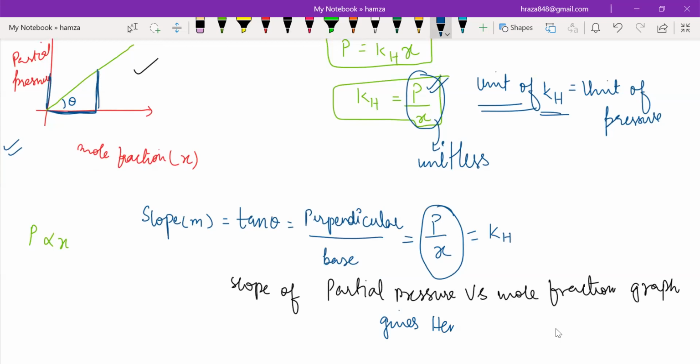So it's clear from the graph between partial pressure and mole fraction that the slope of this graph gives Henry's constant. Is that clear? Hamza, yes, sir. Fatima. Okay, please write it and let me know when you are done with this.